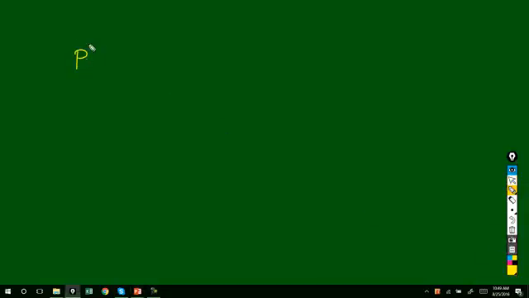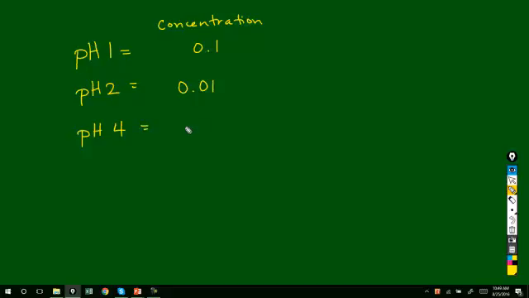Okay, if you have a pH of 1, that's a concentration of 0.1. If you have a pH of 2, negative log means that that is a 0.01 concentration. If you have a pH of 4, that would mean 0.0001.